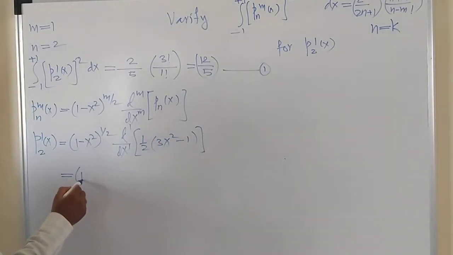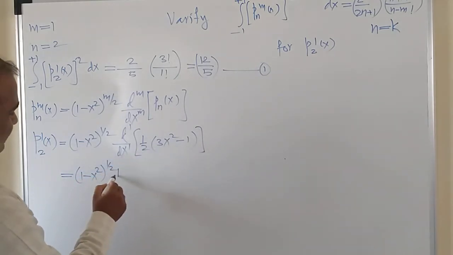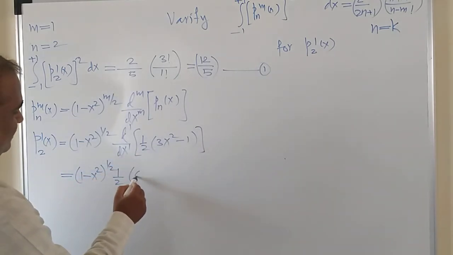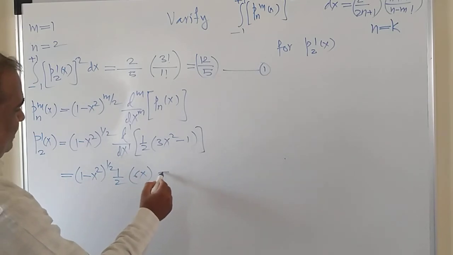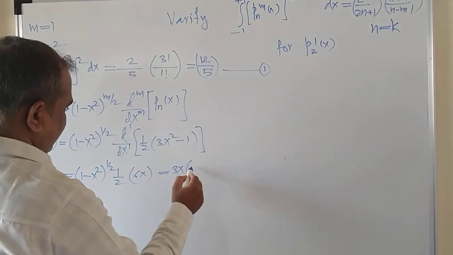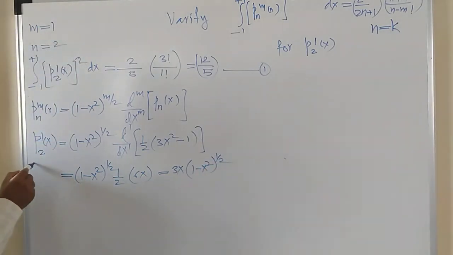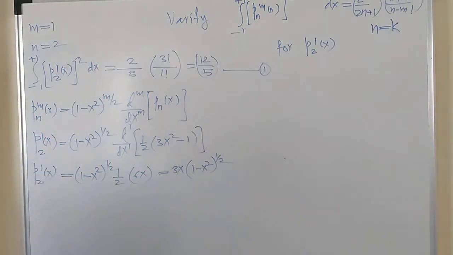So 1 minus x square raised to power half, and the first derivative will be 1 half as it is into 6x. This will be 3x into 1 minus x square raised to power half. This is the value of P21 of x.